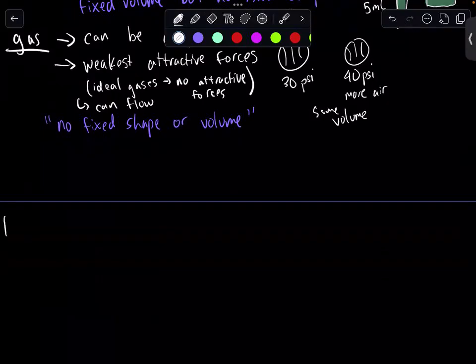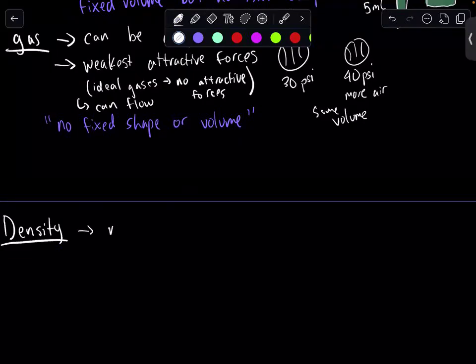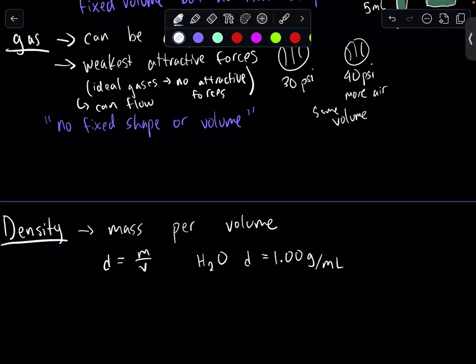So the first property we're going to talk about is density. Density is an important one because it tells us specifically the mass per volume of any substance. And so we generally measure it with the equation density equals m over v. There's one density you should always know. Pure water has a density of 1.00 grams per milliliter, or another way to say it is g cm^-3.